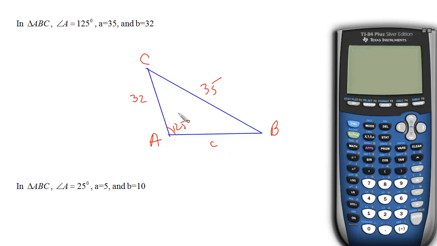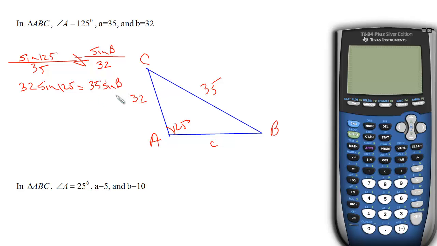Now I'm just going to go ahead and set up the ratios again. So I have the sine of 125 is to the side length 35 as the sine of B is to the length of side B. So we'll cross multiply. And then we're going to go ahead and divide.